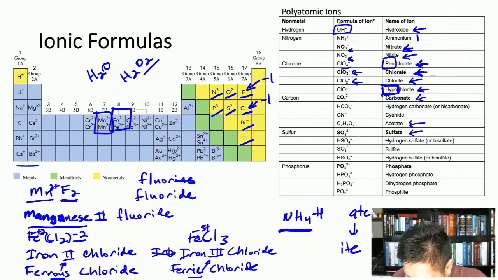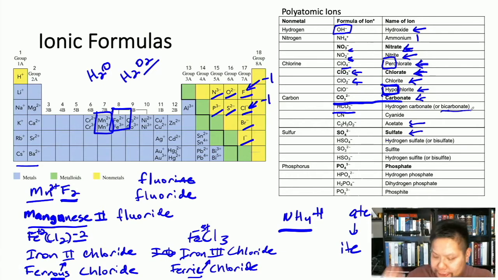The other thing to note is what happens when you add an extra H to things. For example, we had carbonate, which is CO3 2 minus. Just below it we have HCO3 minus, and that becomes bicarbonate.